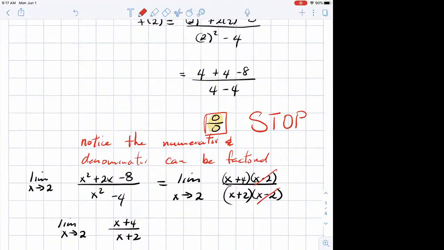So generally the squeeze theorem is when you have one graph sandwiched between two graphs.